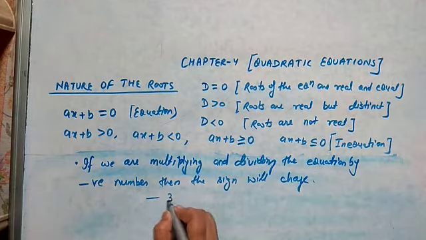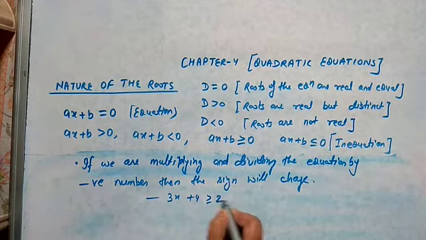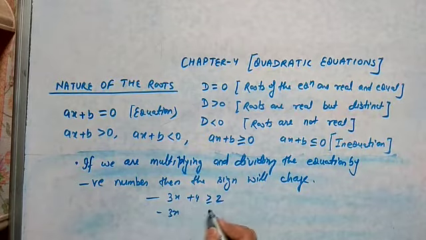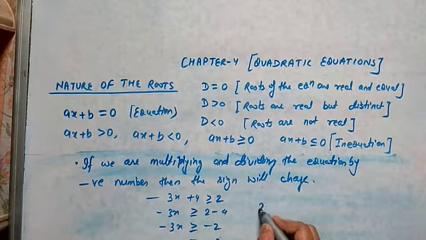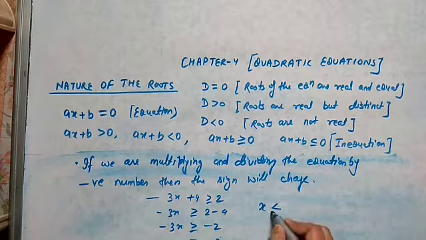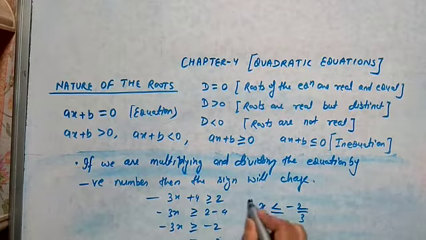Like if I have 3x plus 4 greater than 2. If I take this 4 to that side, 2 minus 4, then 3x is greater than minus 2. Since we have subtracted 4, there will be no change. But if I write x is greater than minus 2 divided by minus 3, then it will be wrong. Since we are dividing minus 2 by minus 3, we have to change this sign. So it will convert into x less than minus 2 by 3.